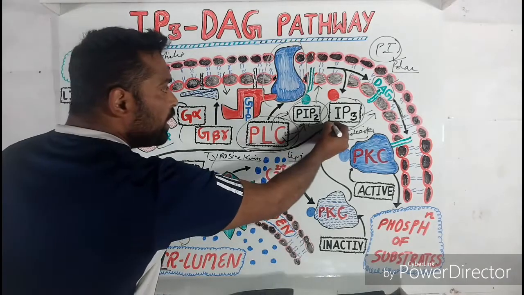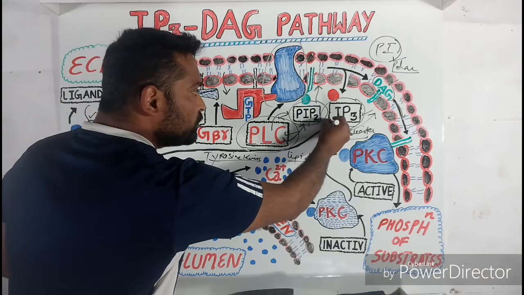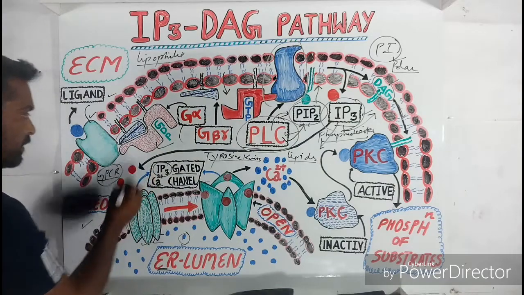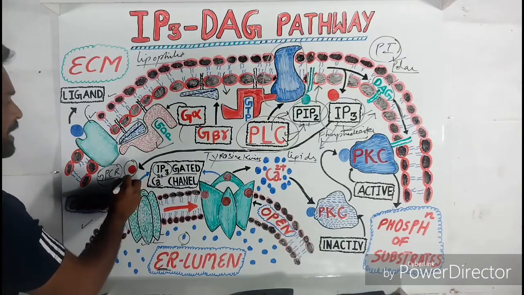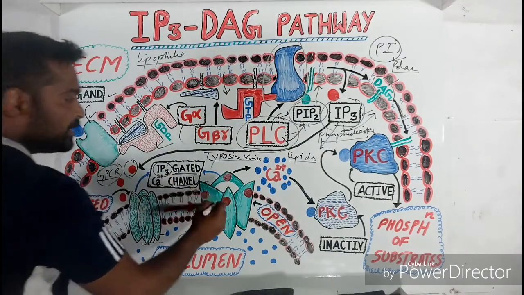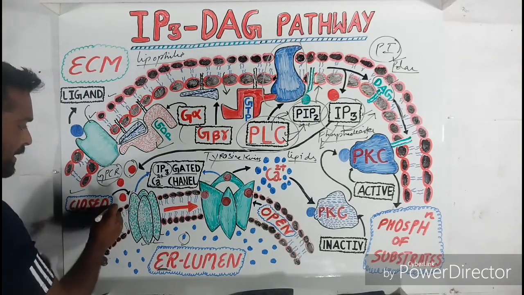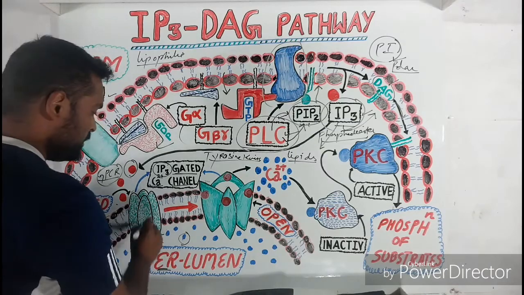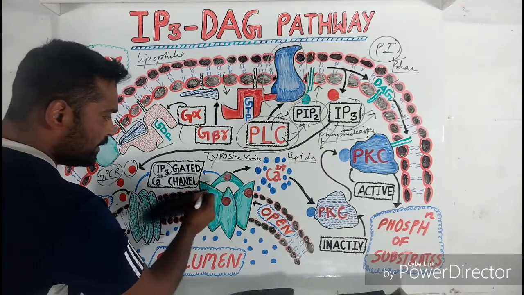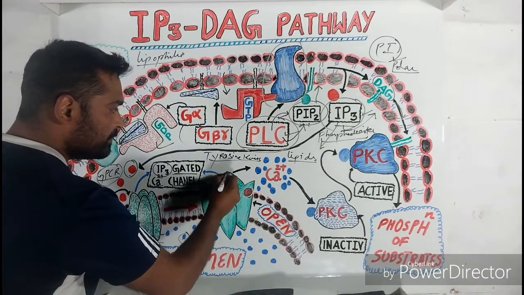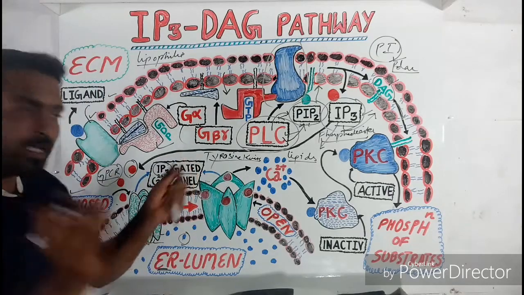So we are now calling this IP3 molecule from here to here. So we have the IP3 molecule here. Before the binding of the IP3 to this channel, it is closed. Now they will bind to this channel protein here, and the channel is opened.